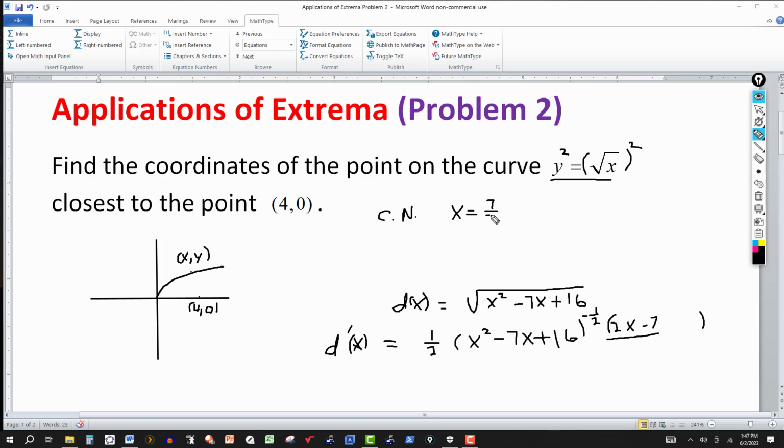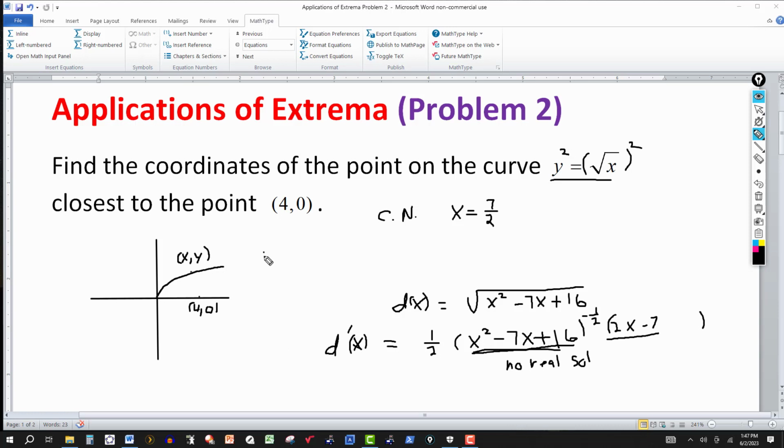That's a critical number. Now this part of it right here, because it has a negative exponent, that's the denominator. So do we have any values for which the denominator is 0? That would be where the derivative would be undefined. But if you look at this quadratic, if you set this equal to 0 to try to solve it, this has no real solutions. So you use the quadratic formula to try to solve this.